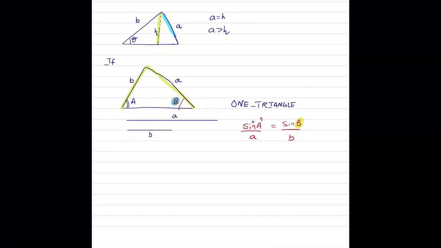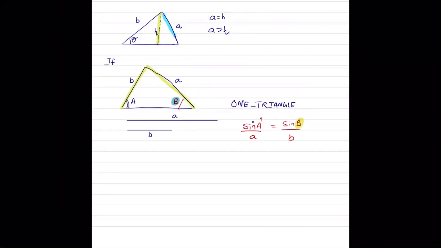So the second situation was that if you have two sides and a non-inclusive angle given, and if you are asked to solve a triangle, there is only going to be one triangle. So there is only going to be one solution for angle B and for this third unknown length.